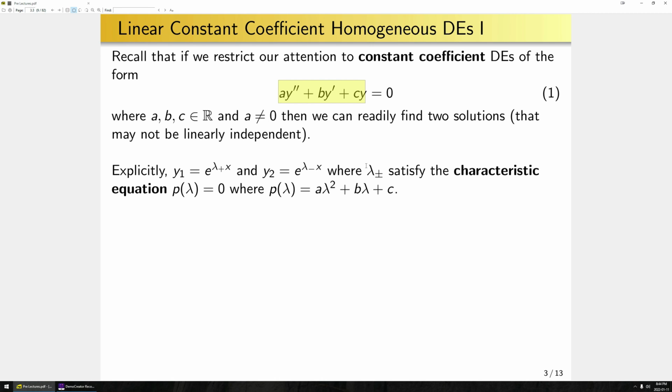Remember, the way we found this polynomial was plugging this ansatz into the differential equation and then noting that the exponential term cannot be zero, therefore the polynomial term must be. From here we're going to do three cases based off the sign of the term under the square root. So let's jump in.